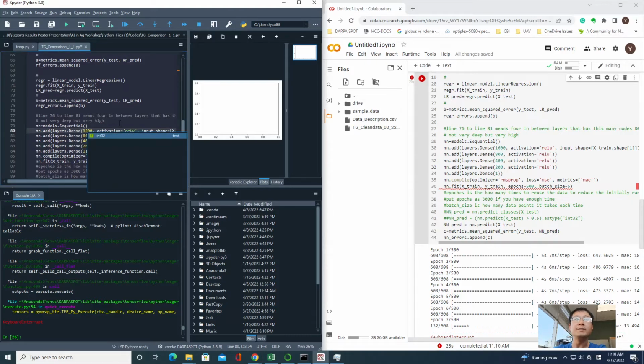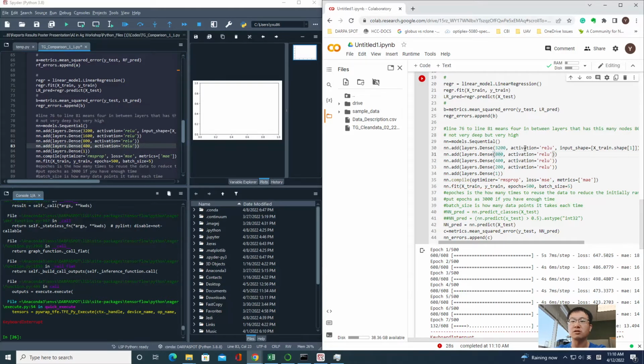Okay, let's further increase the hidden layer number. Now let's try 3200. We could also just try the first line of code, but just to be consistent, we increase all the other hidden layer numbers as well. Okay, start.